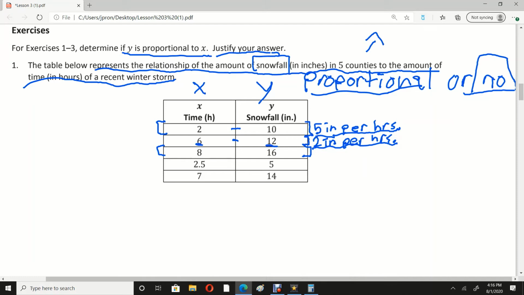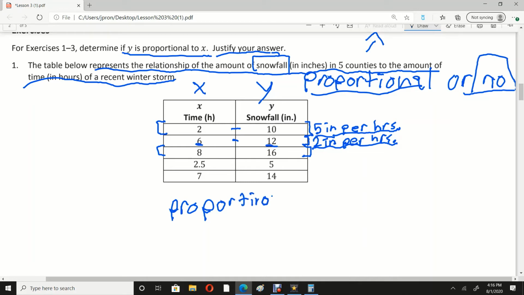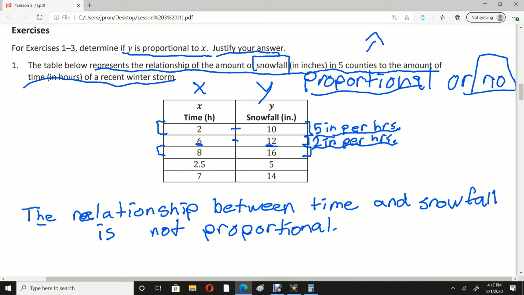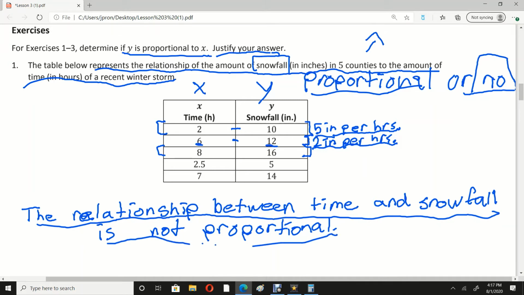Now, for these few answers, just writing proportional would be fine, okay? And if you show some sort of work like that, that'll work as well, right? So this would be a full point answer for you: the relationship between time and snowfall is not proportional. I already stated the question. Proper English, complete thoughts, great.